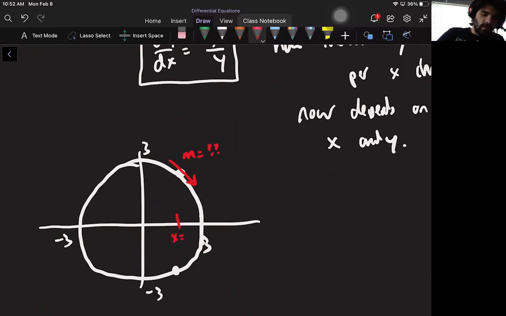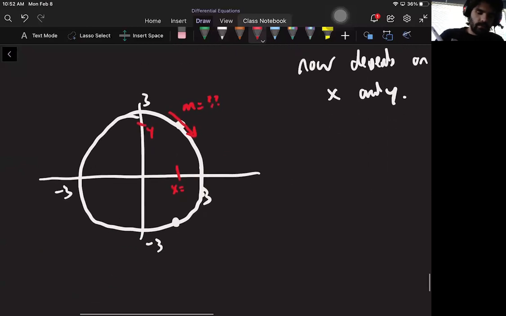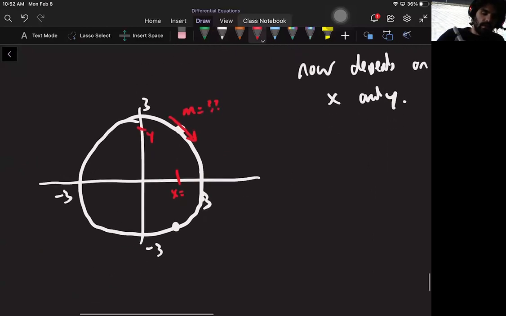It also depends on the y value that you plug in. And so like this one will have the same x value as the other one, but the y value will be down here instead.